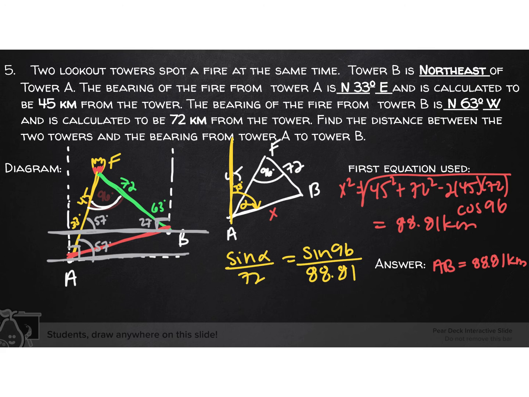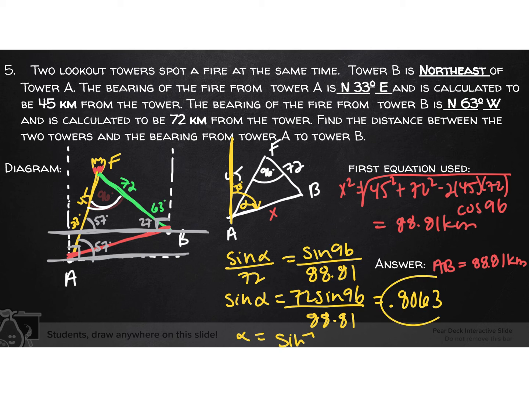Cross multiply, and we get sine of alpha is equal to 72 sine 96 over that distance from A to B. When you type that ratio in your calculator, you get 0.8063. Then to get alpha, your final step is to do sine inverse of this. That spits out that alpha is 53.73 degrees.